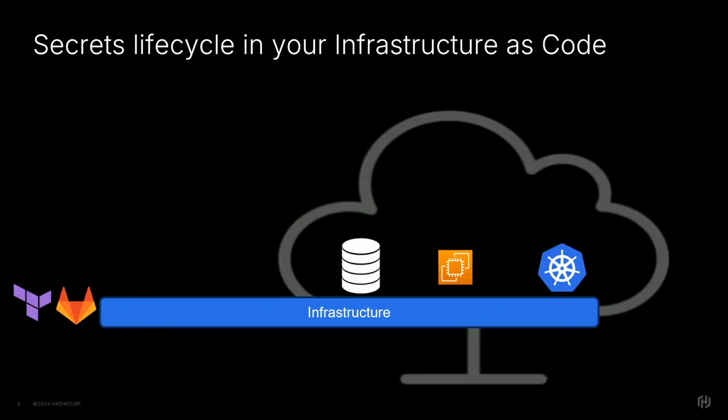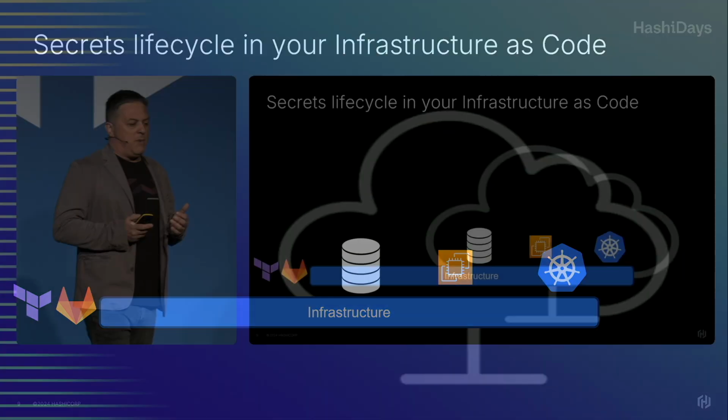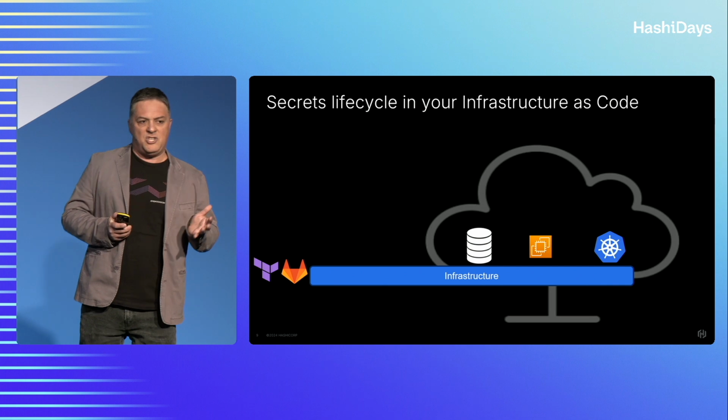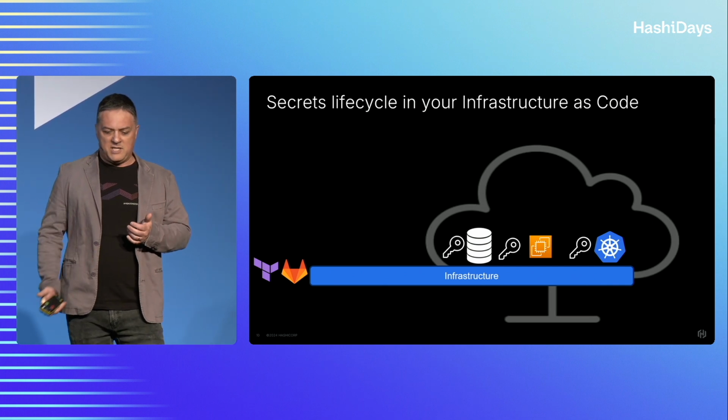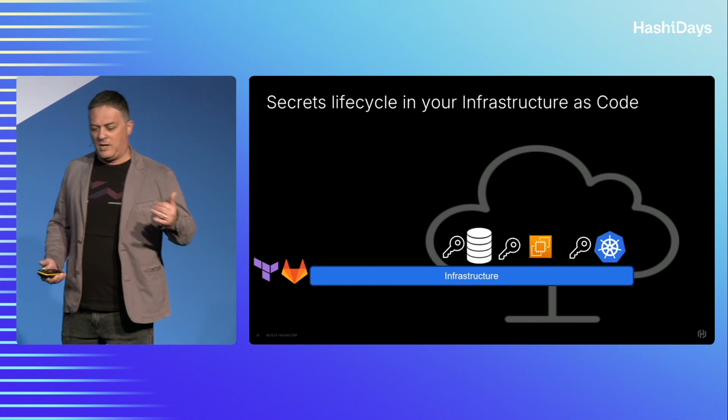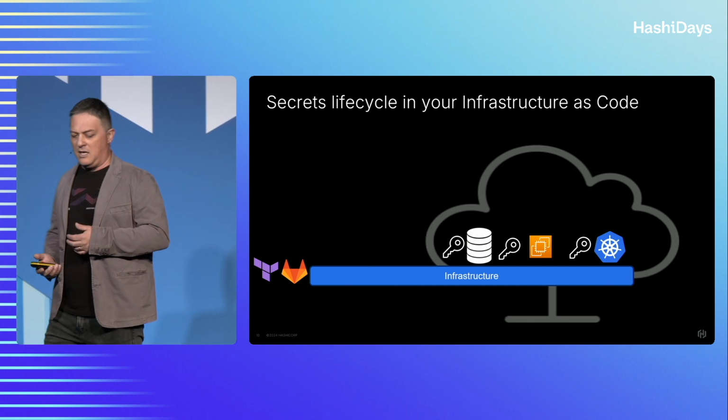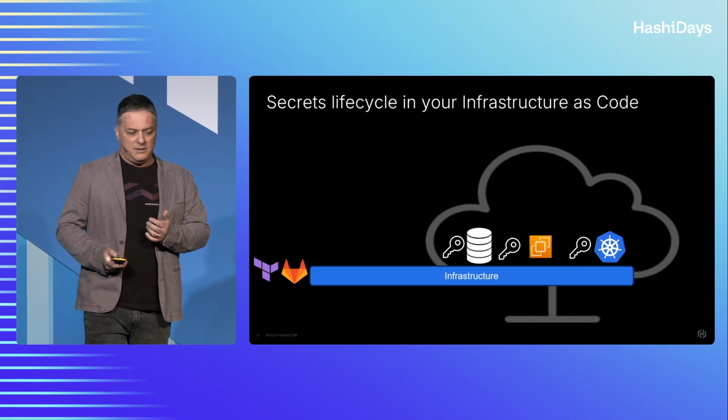On the other side, we find that secret lifecycle management in our infrastructure as code is still challenging, because we are not only dealing with secrets, for example, in a vault. Sometimes secrets are generated during our infrastructure deployment, as we've seen, for example, with a DB, EC2 instance, Kubernetes clusters, and so on.